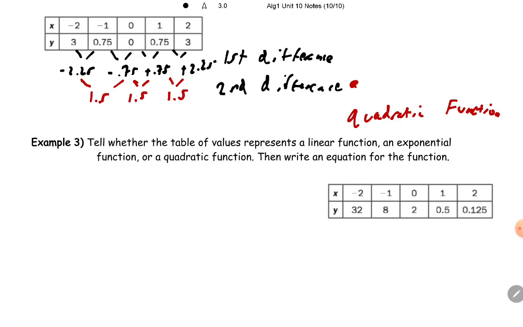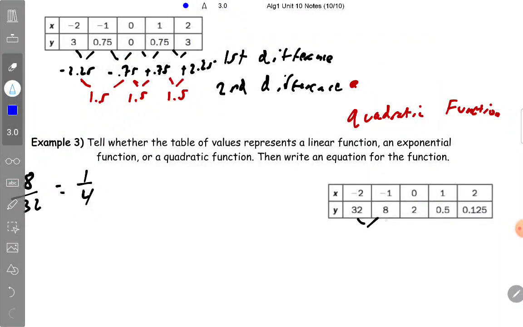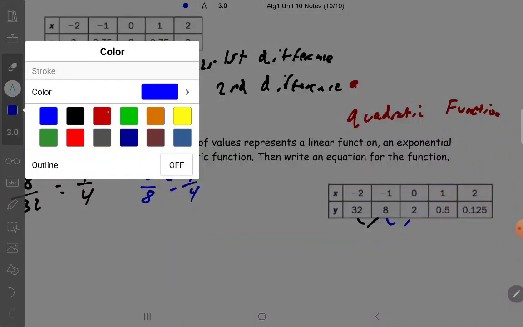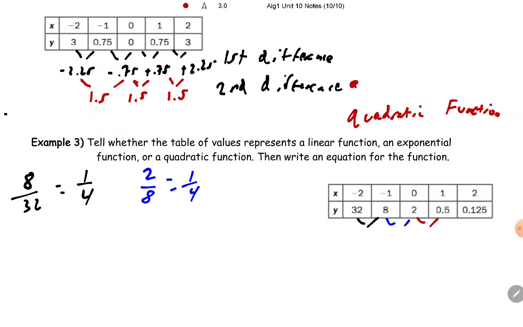So we're going to find the ratios of all these. So the first one, 32 and 8, we're going to put the second number over the first. This reduces to 1/4. Okay, and then we're going to do these two numbers. 2 divided by 8, that is also equal to 1/4. 0.5 over 2 is also 1/4.